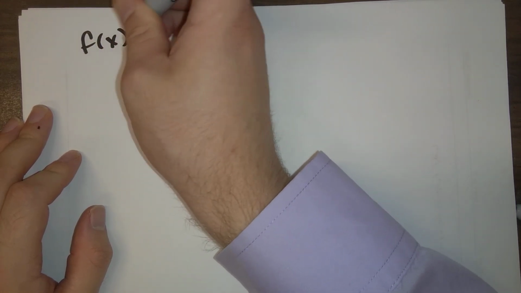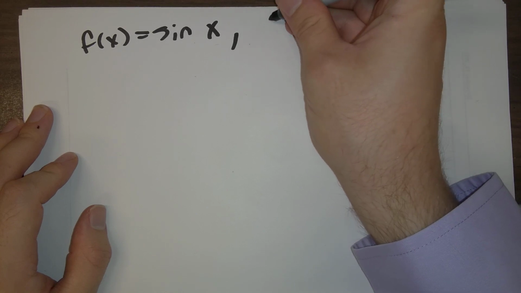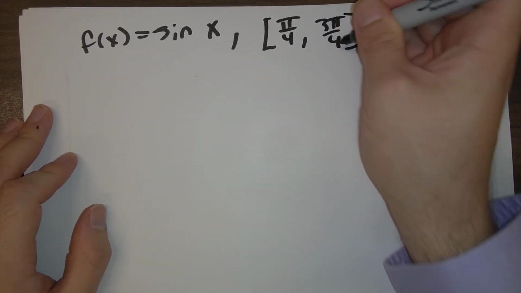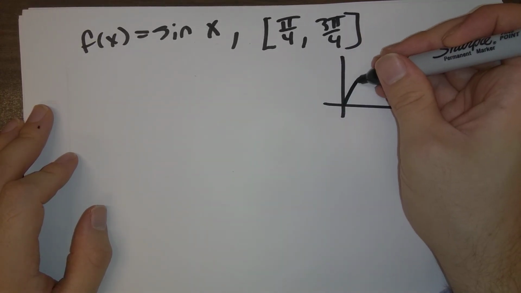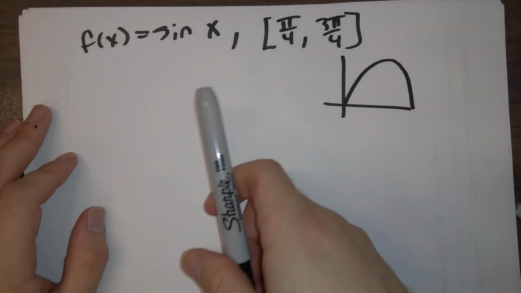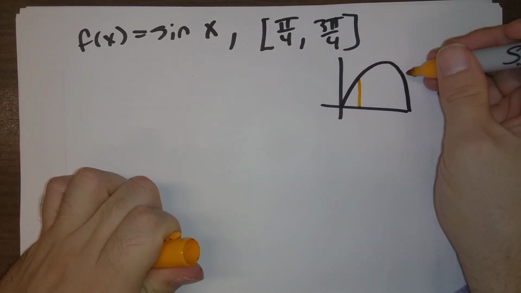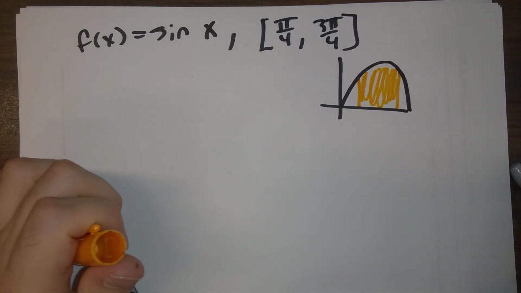Suppose that f of x is equal to sine of x, and suppose our interval is pi over 4 to 3 pi over 4. Basically, there's pi over 4, there's 3 pi over 4, and we're looking for that area right here.